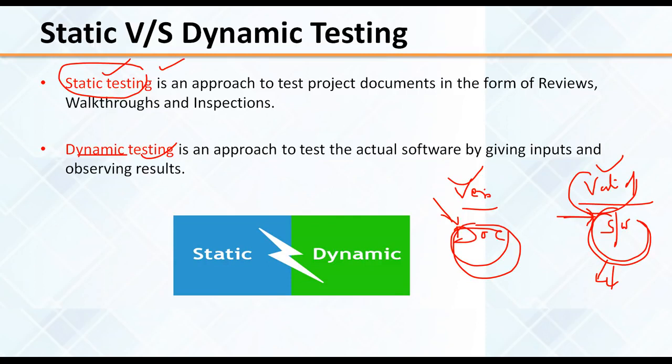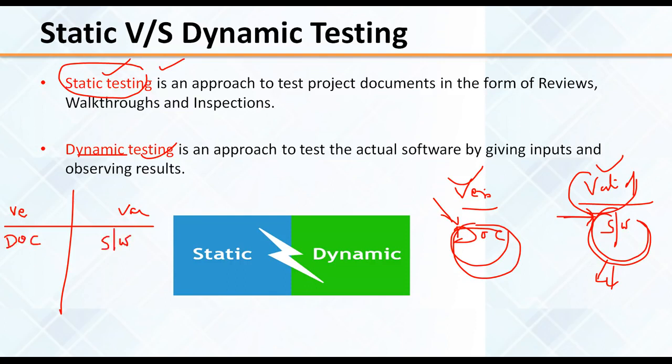So let me summarize here. Verification, validation. Integration testing, system testing, UAT testing, all this comes under the validation part. Observe this: verification we do only on the documentation, validation we do only on the software.